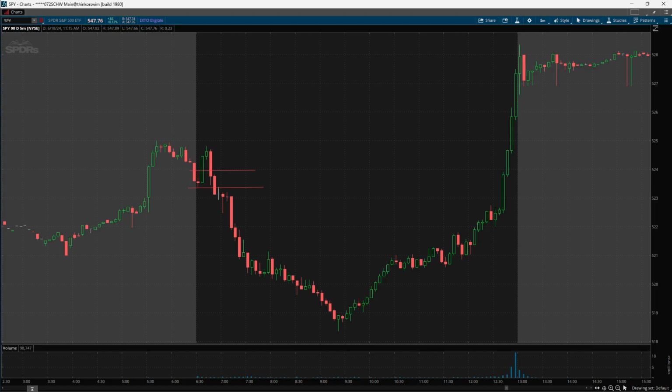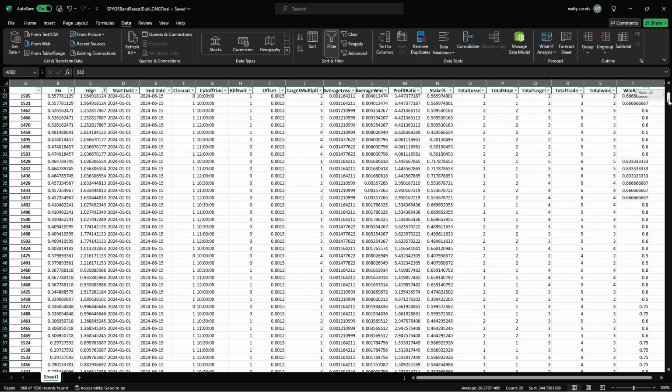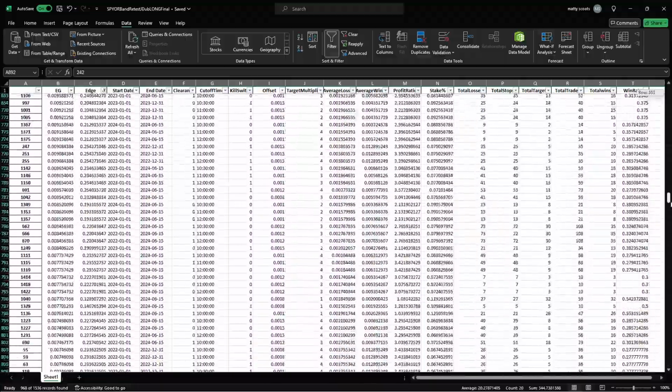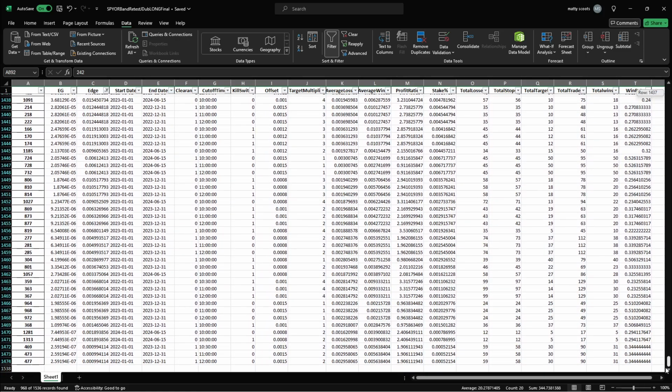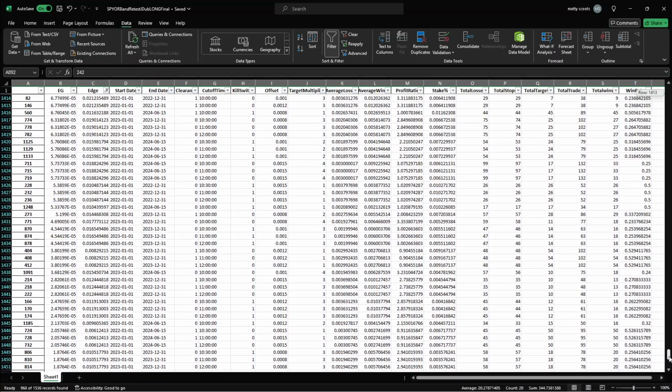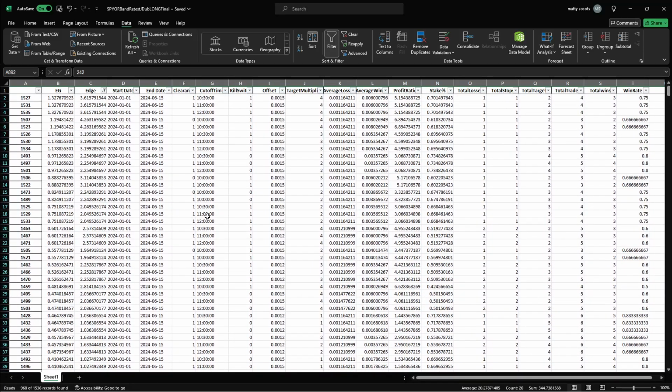So let's look at the data. This is what the spreadsheet looks like, guys. You can see there's almost 1,500 iterations of testing all of those different variables in every combination.